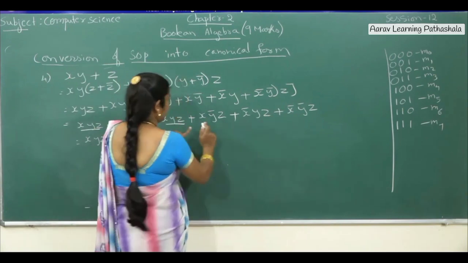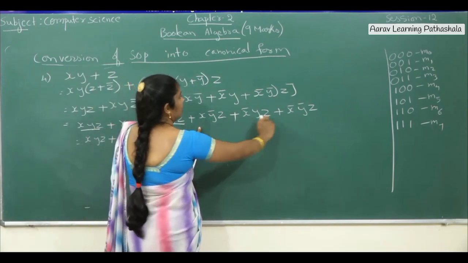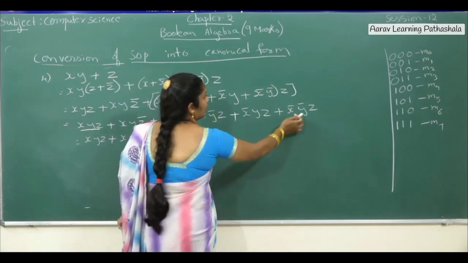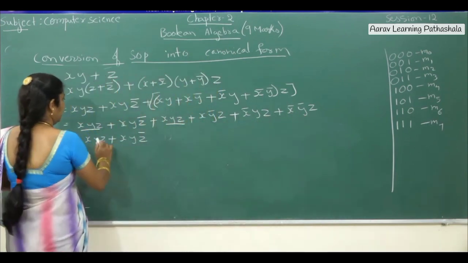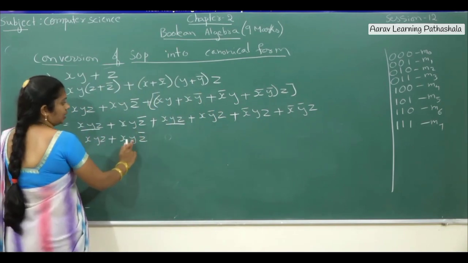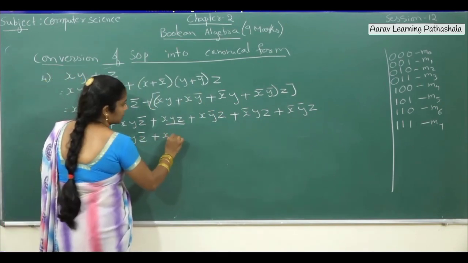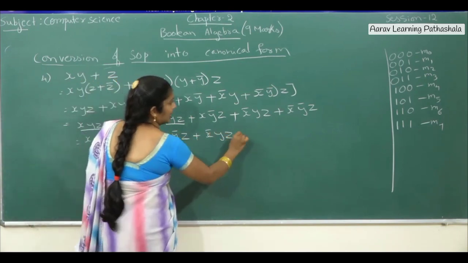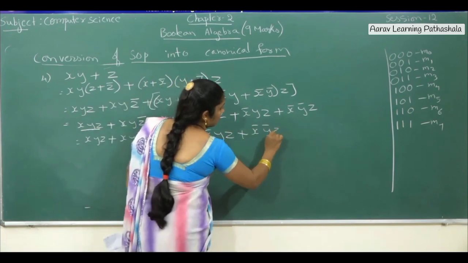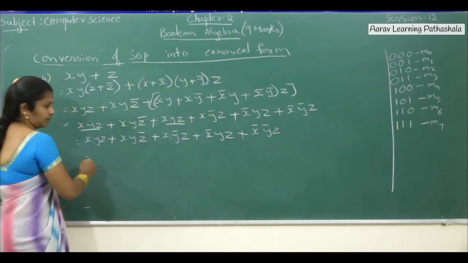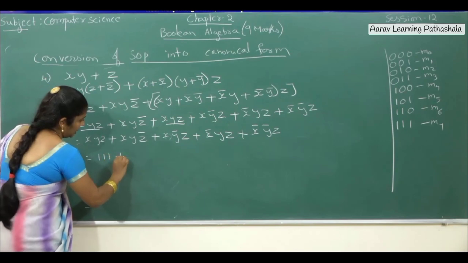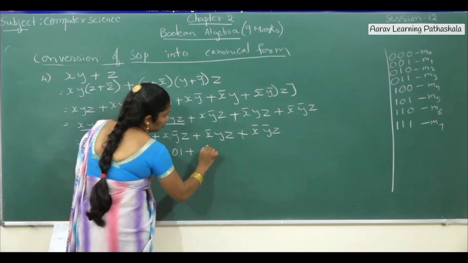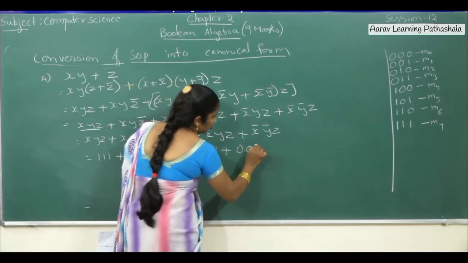Then see the remaining terms. Here only y is barred, and we don't have any duplication. Here only x is barred, whereas here y and z are barred. Then xyz plus xyz bar plus xy bar z plus x bar yz plus x bar y bar z. Now write down their binary values: 1, 1, 1 plus 1, 1, 0 plus 1, 0, 1 plus 0, 1, 1 plus 0, 0, 1.